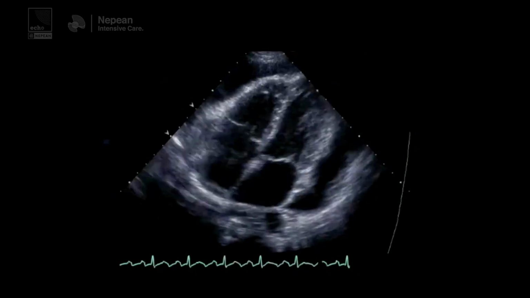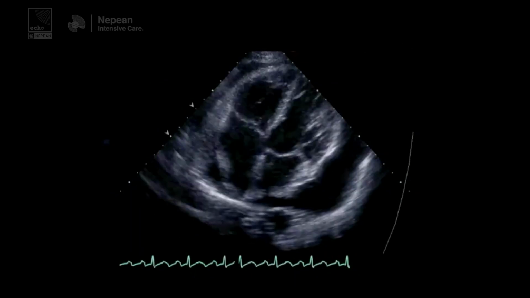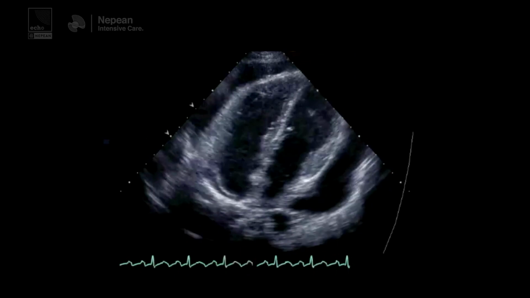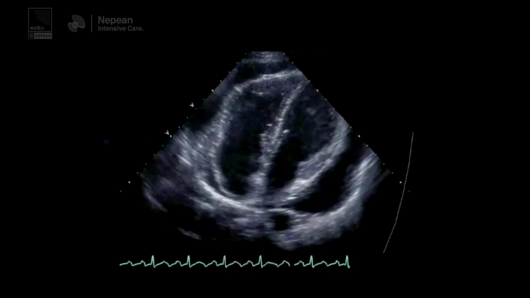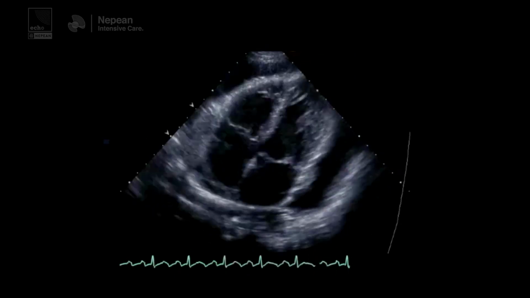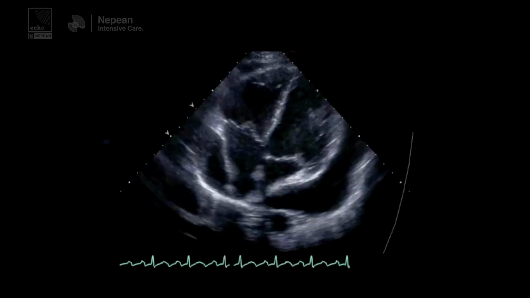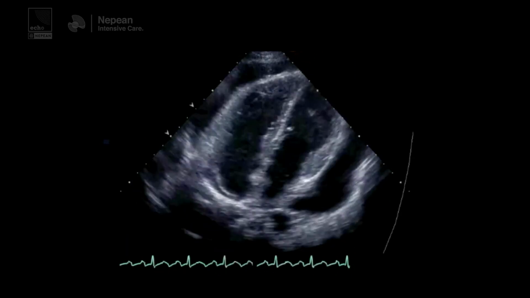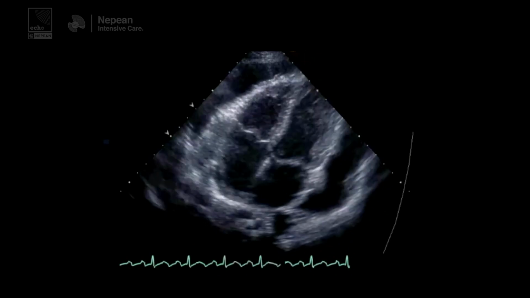Yeah. And the timing of the collapse is really important, isn't it? If we start with the right atrial collapse that we can see here, what part of the cycle are we looking at? The pressures in the atrium are lowest at end systole. So you generally would see chamber collapse in that period, but I think more sensitive is how long the chamber is collapsed for.